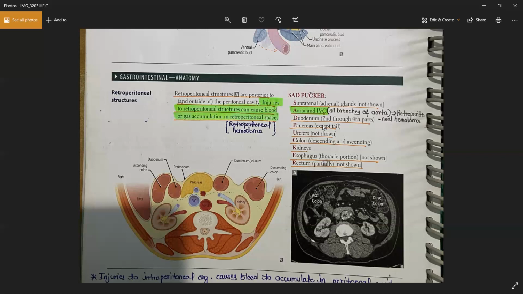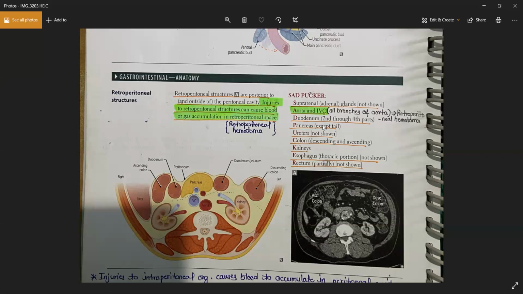intraperitoneal. Does anyone remember under which peritoneum the transverse part of the colon is accommodated, covered? I said that the transverse colon is intraperitoneal.